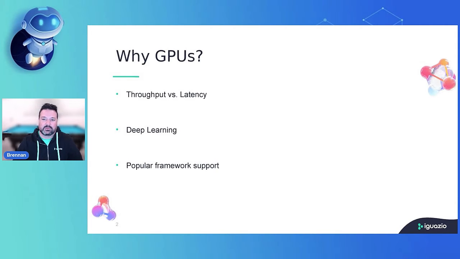So first and foremost, why GPUs? When you're talking about them in the machine learning context, you're talking about training, right? There's tons and tons of processing units on these things, more so than a normal CPU.